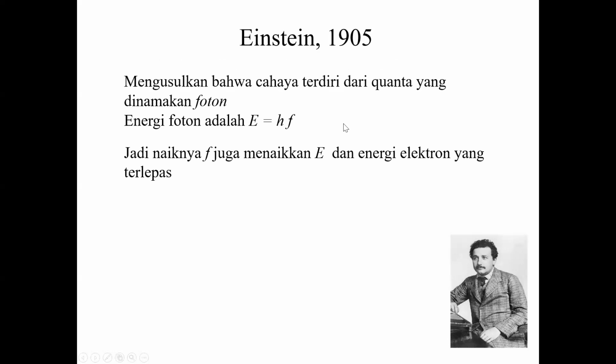He used Planck's theory of black body radiation, that the energy of the photon is proportional to frequency. If f increases, then E also increases. Then the electron has a greater probability to be excited and released from the atom.